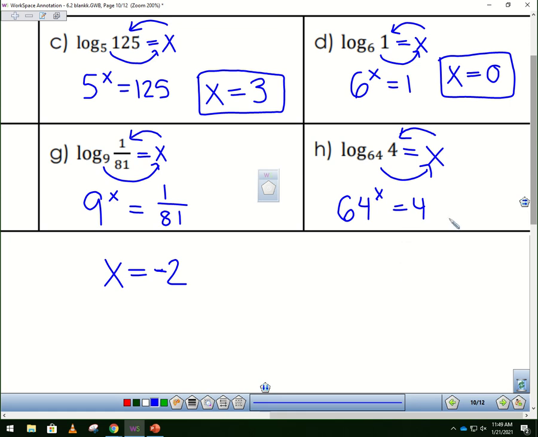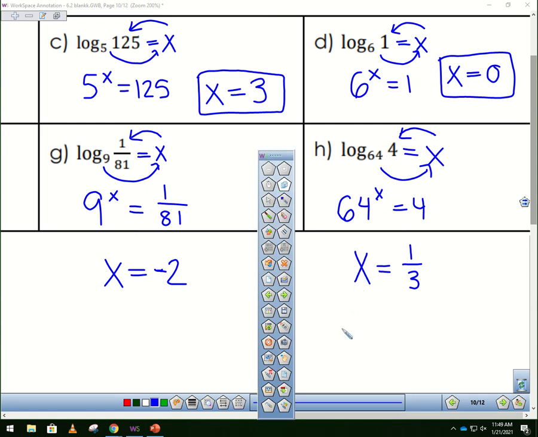So 4 to what power would give me 64? 3. So instead it's the reciprocal of that, which is 1/3. So 64 to the 1/3 power is 4. So there's a few different ways you can solve that one, but that's the idea.